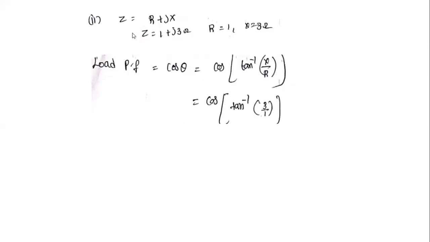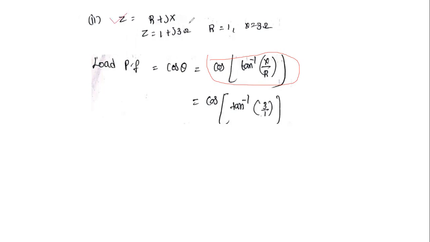Next we calculate the power factor at maximum voltage drop. First of all, we calculate the Z value. Z is equal to R plus jX, in which R is equal to 1 ohm and X is equal to 3 ohms. Next we calculate the load power factor, cos theta, which is equal to cos of tan inverse of X by R. X and R values are obtained from the Z formula.